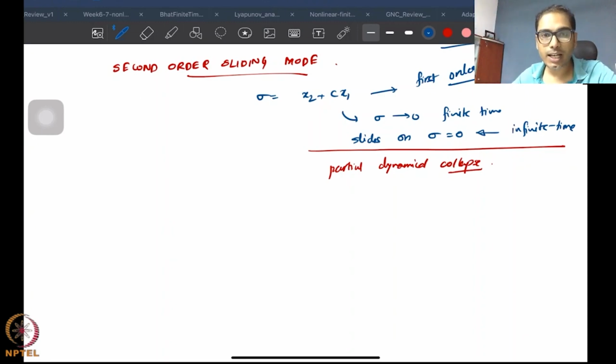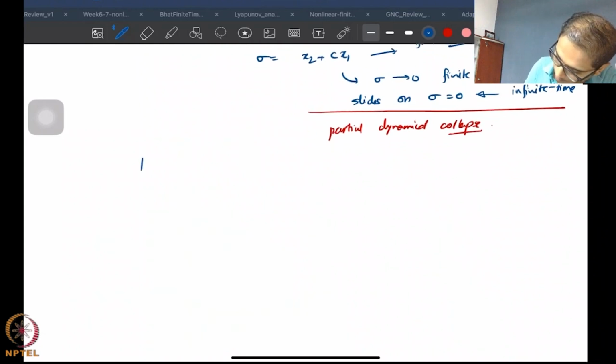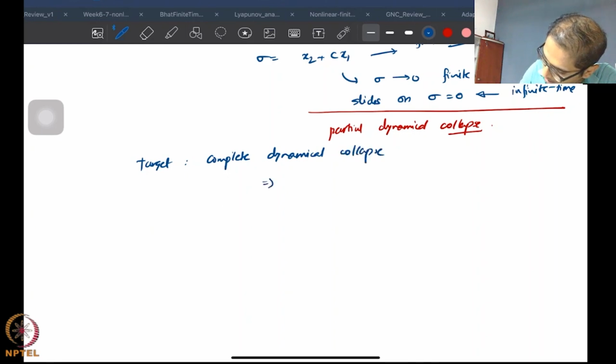That's a partial dynamic collapse. When you do second order sliding mode, you actually do complete dynamical collapse. So the target is complete dynamical collapse, which means x1 and x2 both go to 0 in finite time.